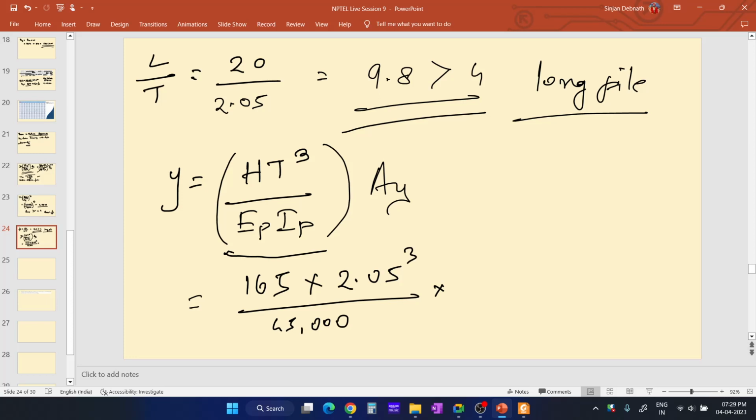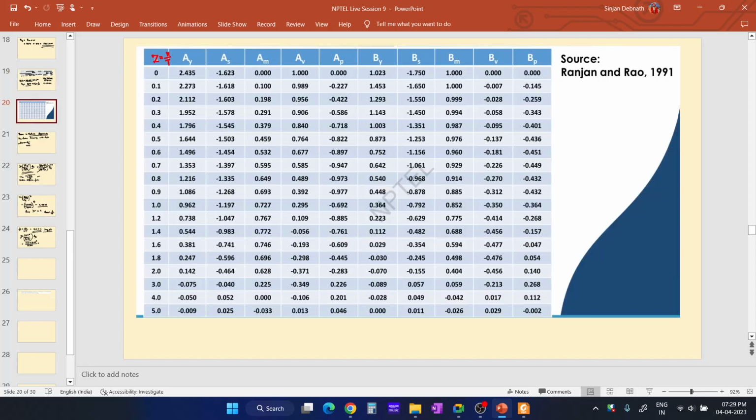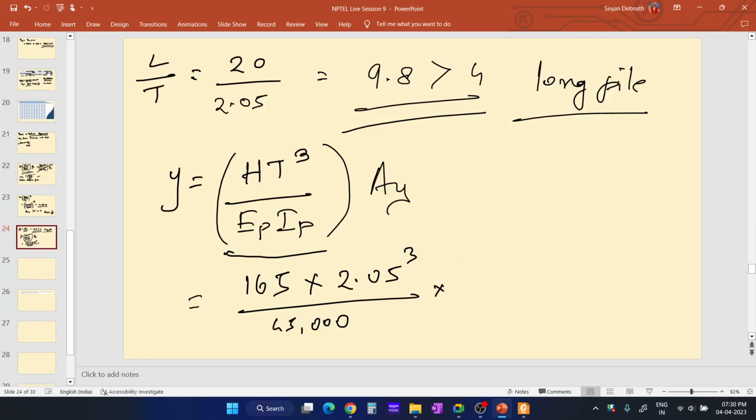And Ay, the coefficient Ay, is already mentioned in this question. It is 2.435, but from the chart you can also find it out. So for Z equal to 0, that is at the ground surface, Ay is 2.435. It is also mentioned in this question. So you can write it down.